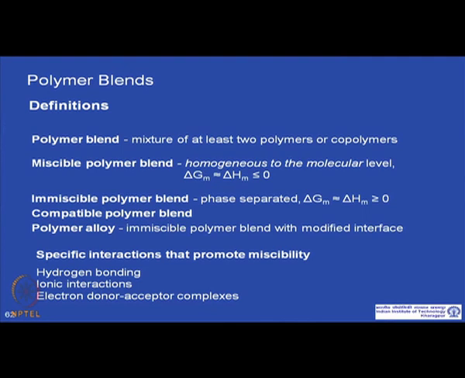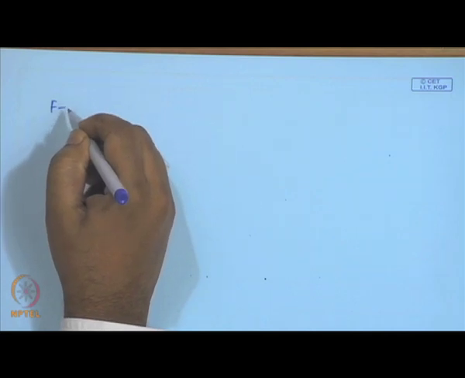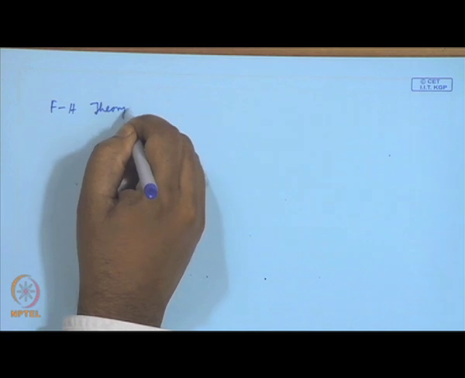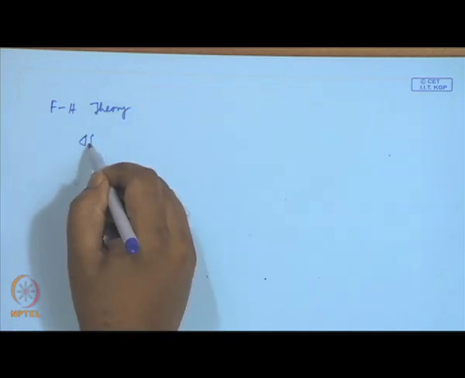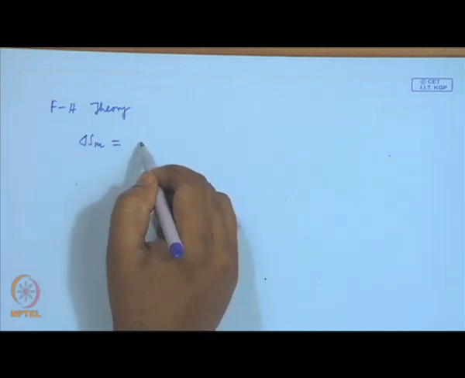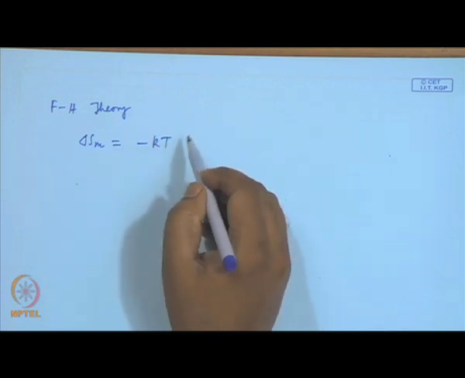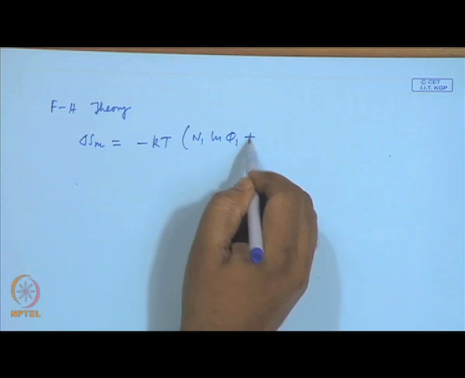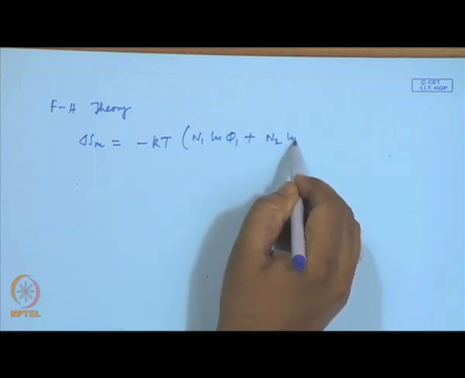Now, if we look at the thermodynamics of mixing, we discussed the Flory-Huggins theory of polymer solubility, where we have seen that the entropy of mixing is given by -k[N1 ln phi1 + N2 ln phi2].